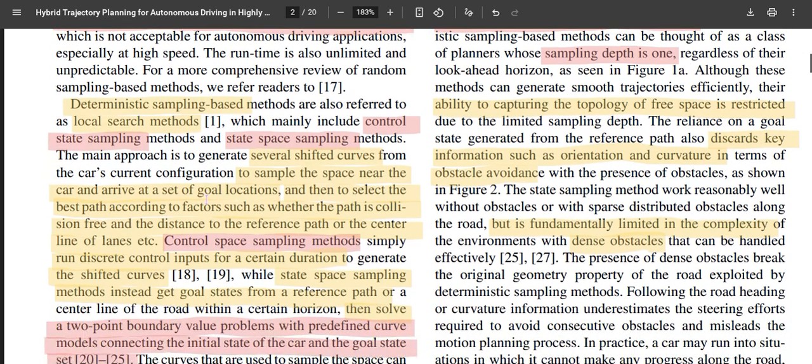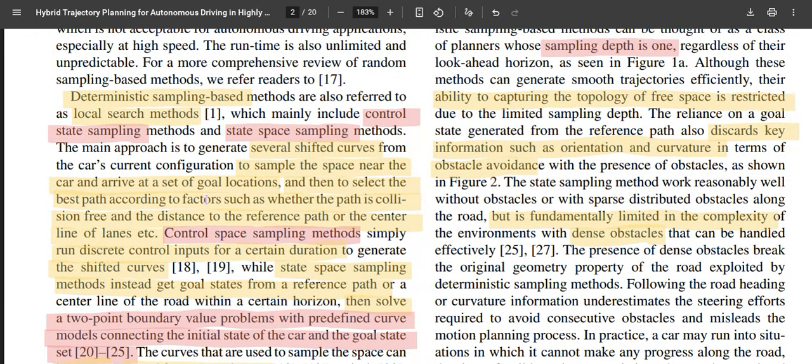The control space sampling method usually tries to discretize time, and for each time step they compute optimal actions like velocity and angular velocity. By that, they generate many curves based on the reference path, and they also compute the cost functions based on the distance from the reference path, the smoothness, and collision freedom, and the best path is chosen from that.